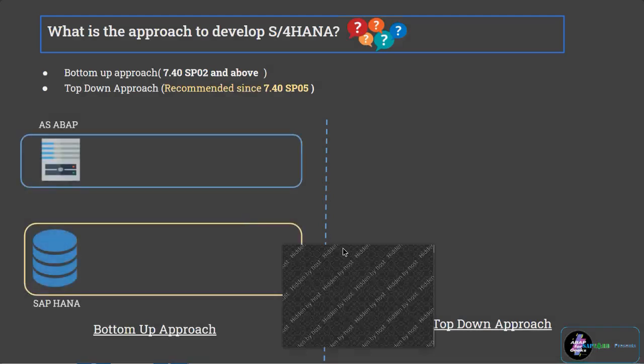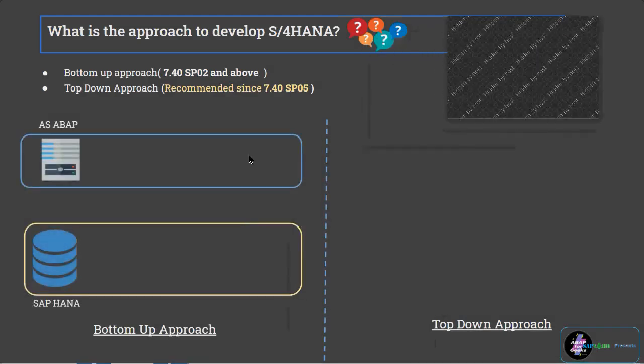The bottom-up approach is nothing but back in those old days, when SAP HANA was newly introduced to the ABAP application server, that is Business Suite on HANA, just a HANA database with ERP still the same. For that suite, we have SAP HANA and the ABAP application server. In order to interact with SAP HANA as an ABAP developer, you had to create HANA views.